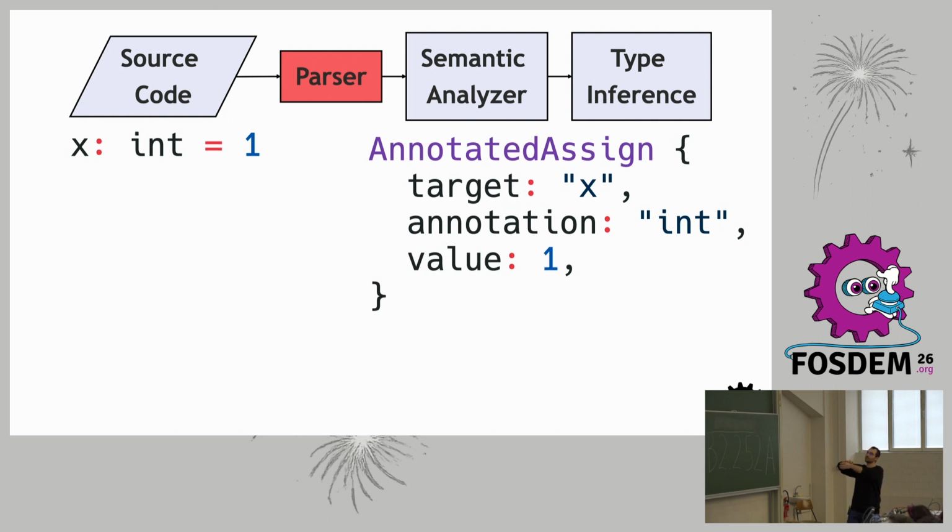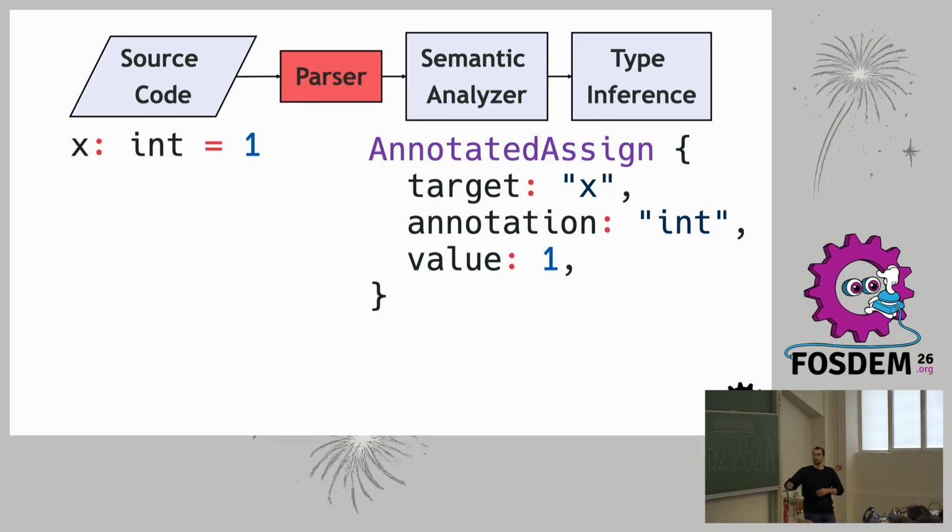So what does the parser do? Well, it takes your source code as text, and then it will transform it into a set of structs that we have. So it's a big statement enum with a lot of structs in it. And because every Python program is just a set of statements, you can convert any line of code that you have into a statement, or a couple of lines of code into one statement. And then in the later parts of the program, you can work with those statements instead.